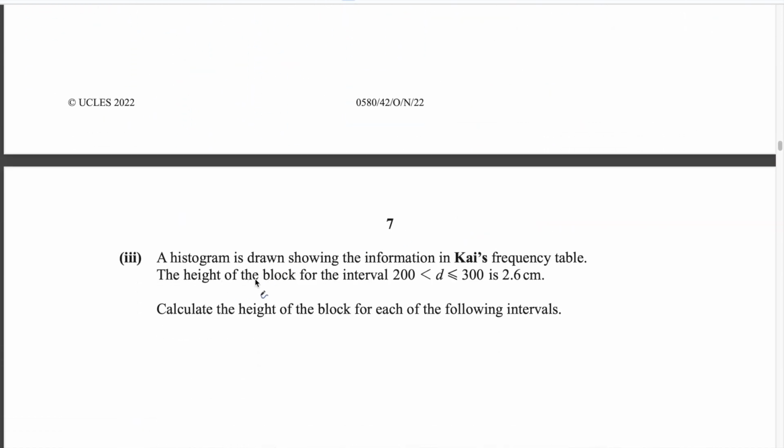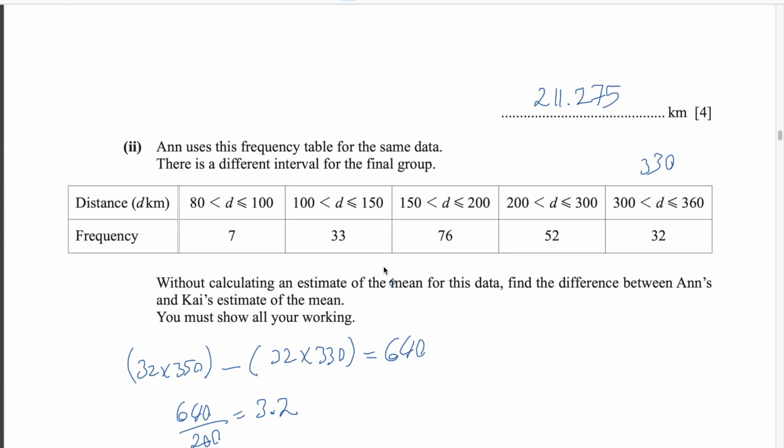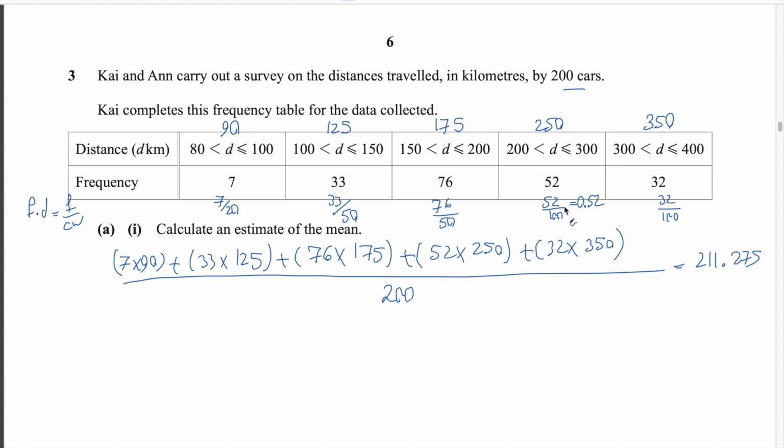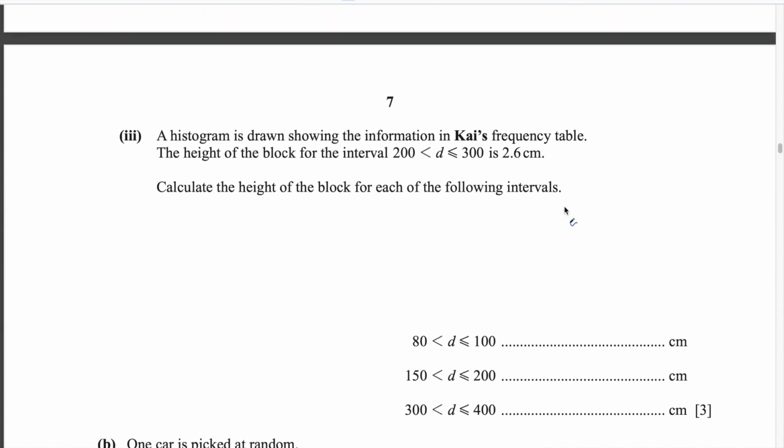But it says for class 200 to 300, which is here, the frequency density is 0.52. 0.52 is the frequency density for this interval, for 200 to 300.